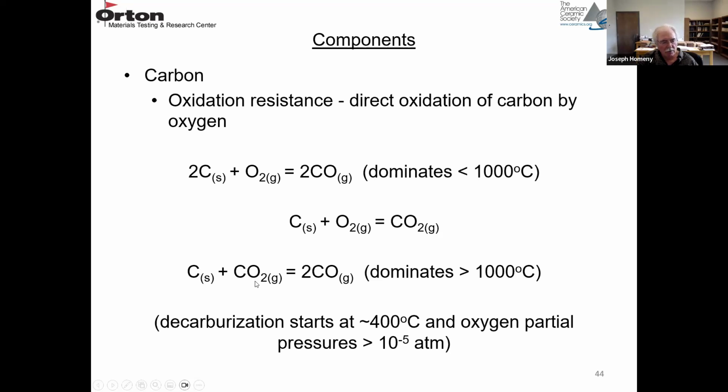Carbon plus CO2 gas can also form CO gas, and that dominates at higher temperatures, over about 1,000 degrees C. Carbon removal or decarburization starts at temperatures as low as 400 degrees C, and it doesn't take a lot of oxygen. Oxygen partial pressures as low as 10 to the minus 5 atmospheres can cause oxidation issues.